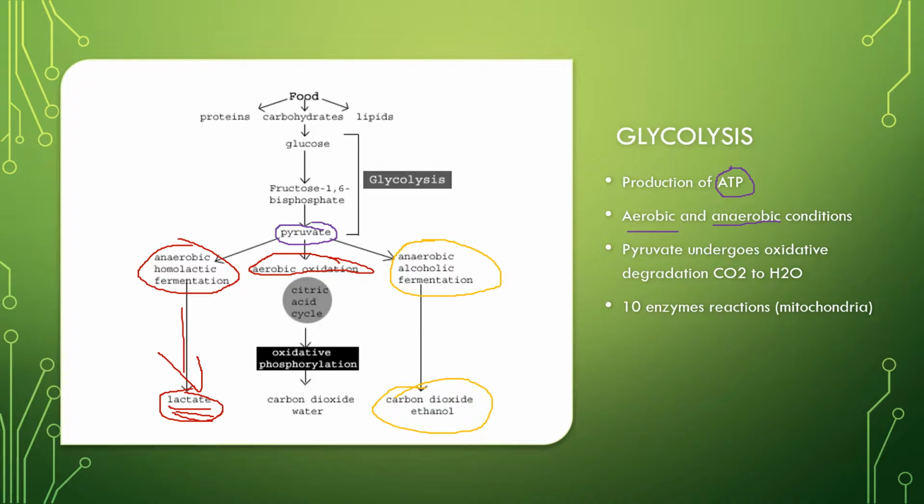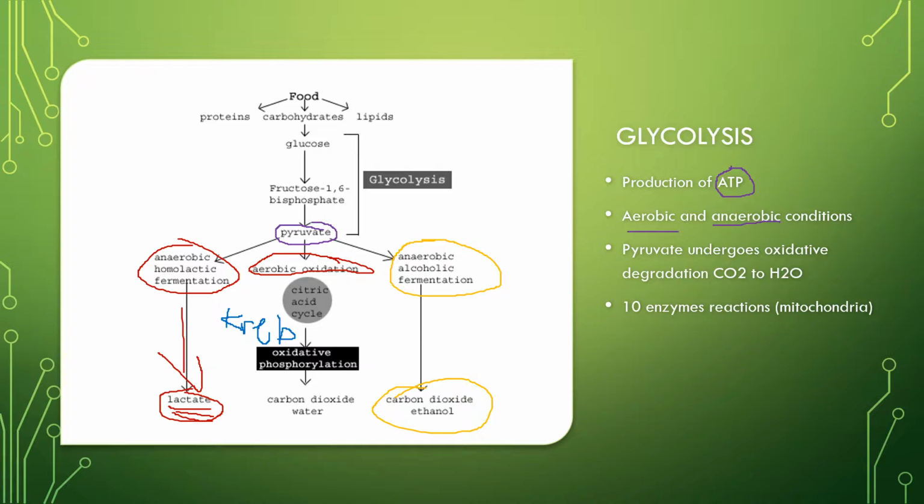Okay, so we have aerobic oxidation. Then it's going to go through the citric acid cycle, or Krebs cycle. Krebs cycle is just another name for the citric acid cycle.